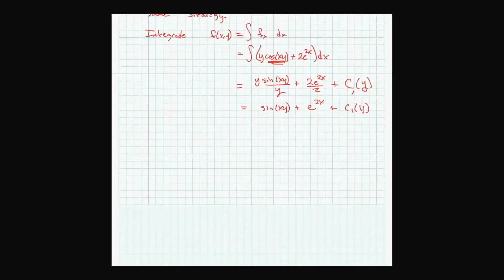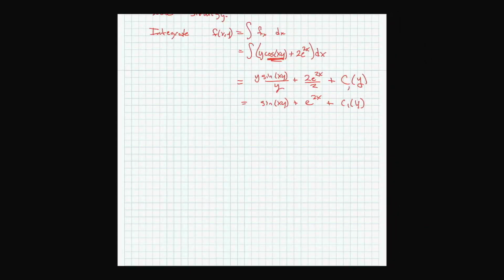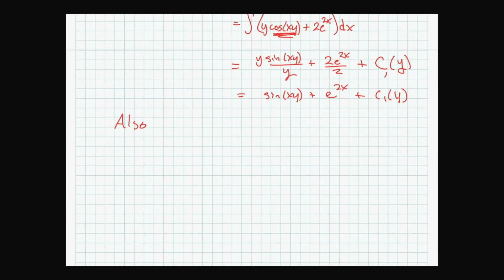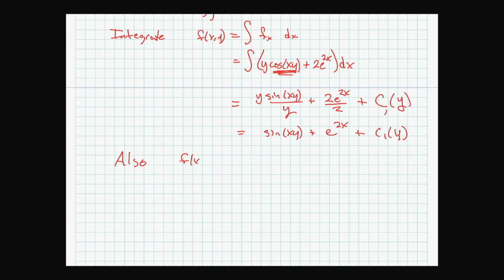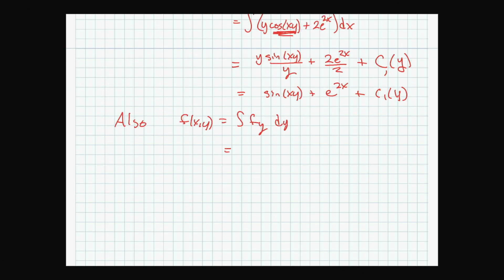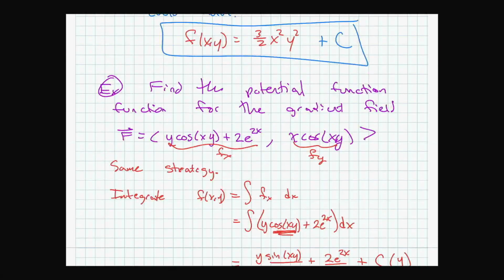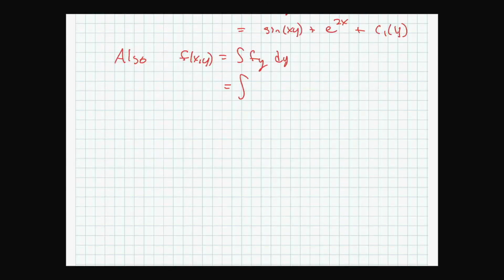Okay, now you do the same thing for the other one. f of xy must be the integral of whatever the fy is with respect to y. So you have the antiderivative of x cosine xy dy.